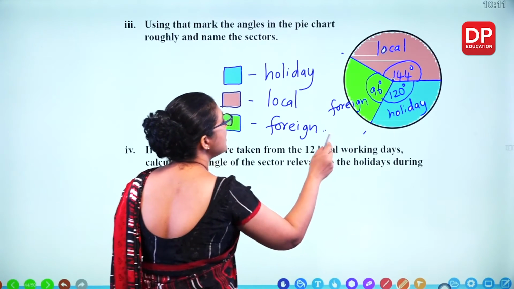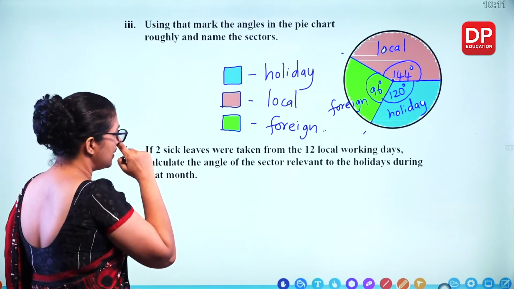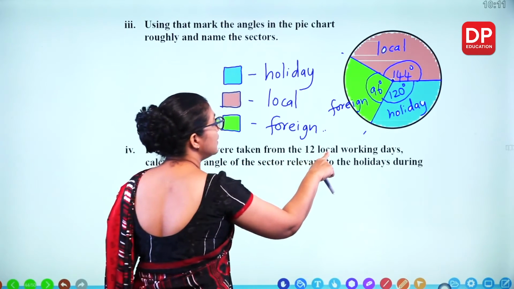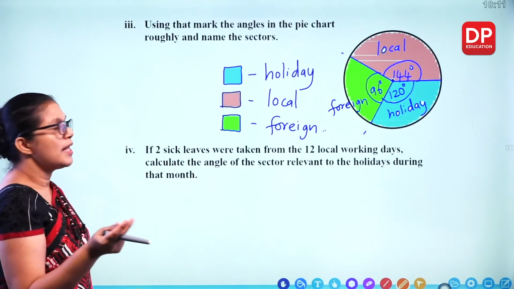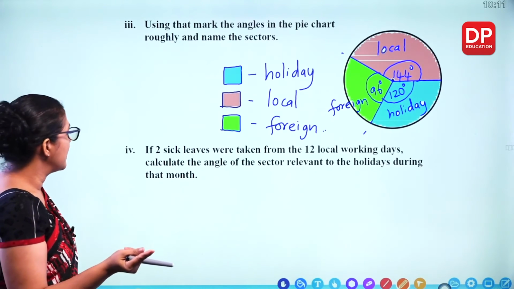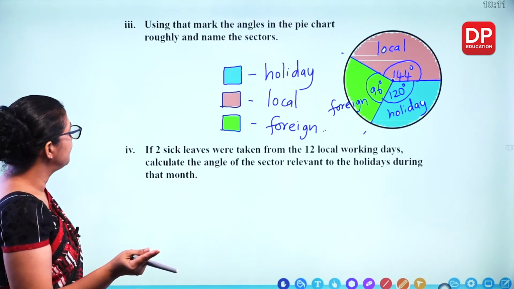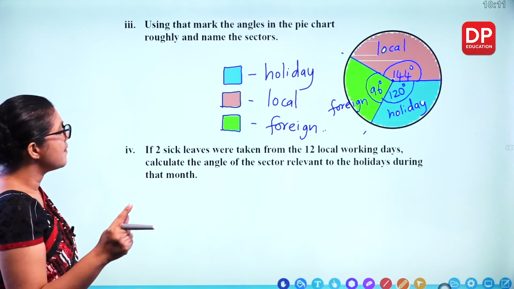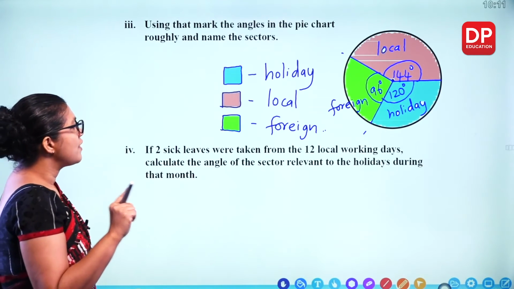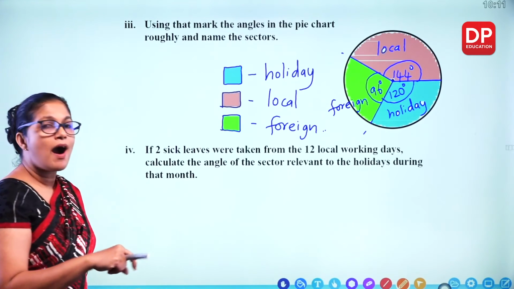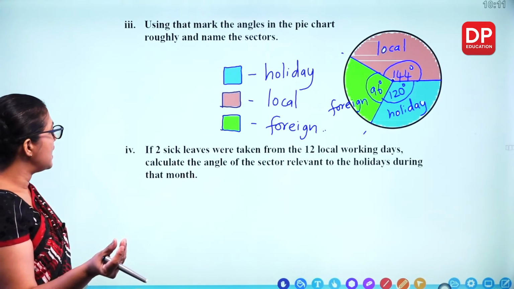Now how many days already worked? 12 minus 2, that's 10. So that means that part increased to holidays.